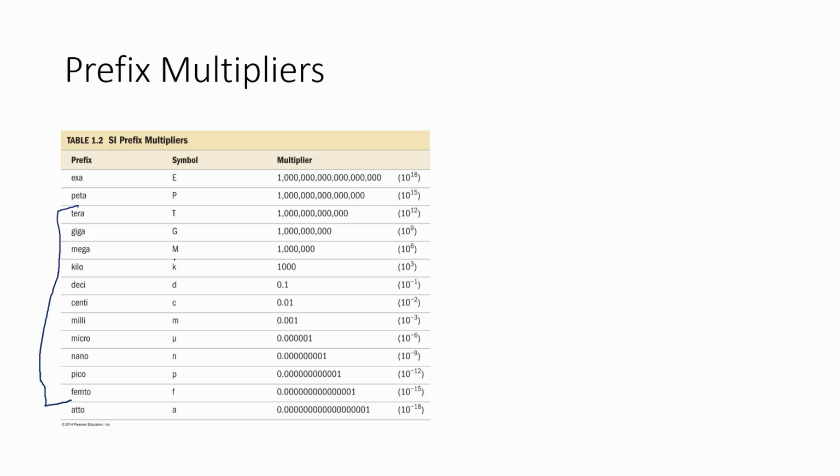So for instance, when I said a kilogram, that means that what I'm talking about is 1,000 times bigger than the original base unit. So a kilogram is just 1,000 times bigger than the base unit that the kilo follows. So 1,000 times 1 gram, or 1,000 grams.